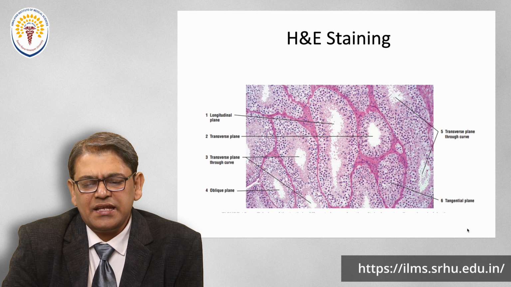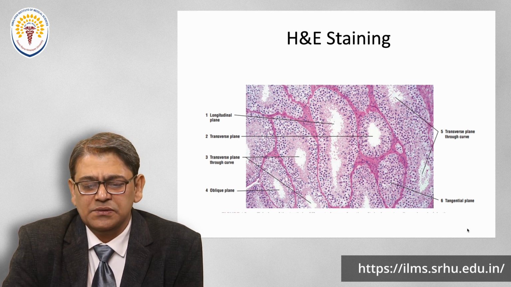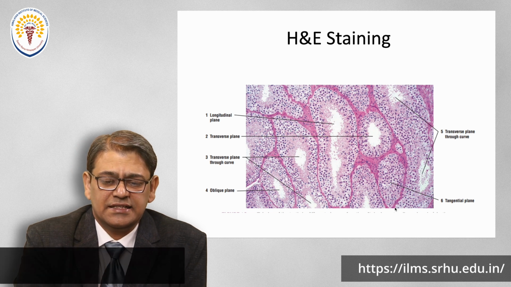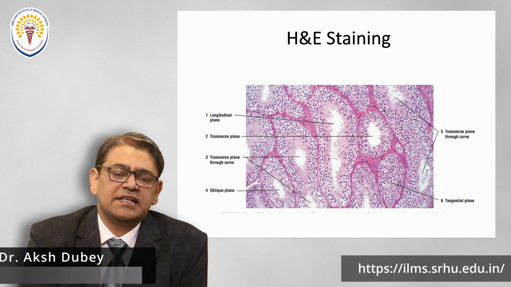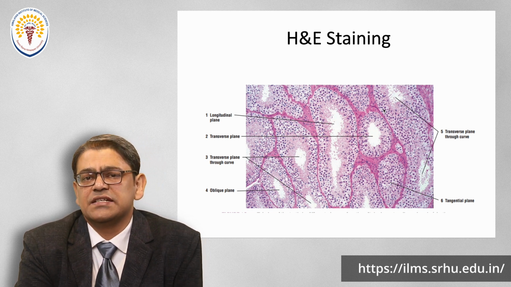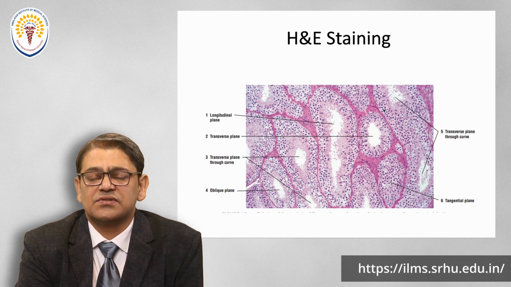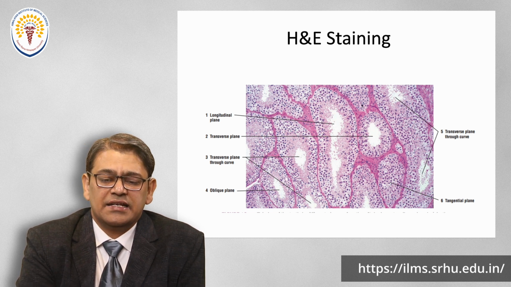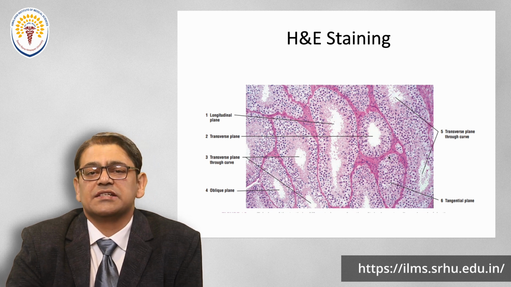Now, in this section of a slide, we see blue color dots and pink color areas, and this is named H&E staining. This is the first and most basic staining of histology, H&E, hematoxylin and eosin staining. Here we see this blue color is from a dye because it is basophilic.